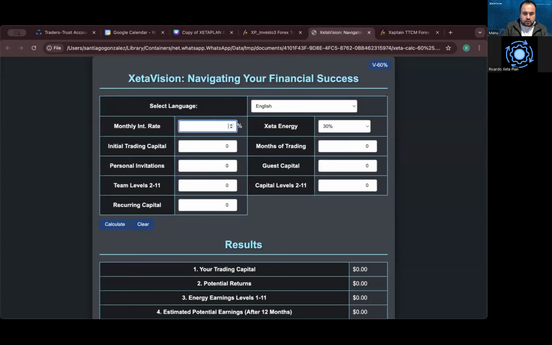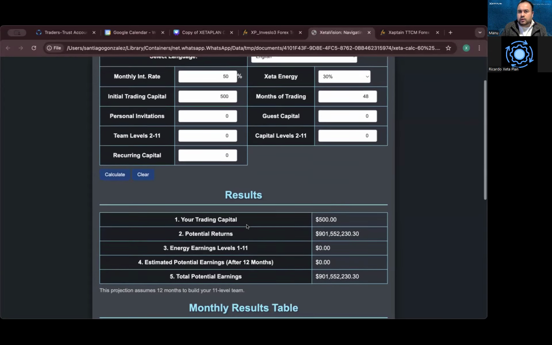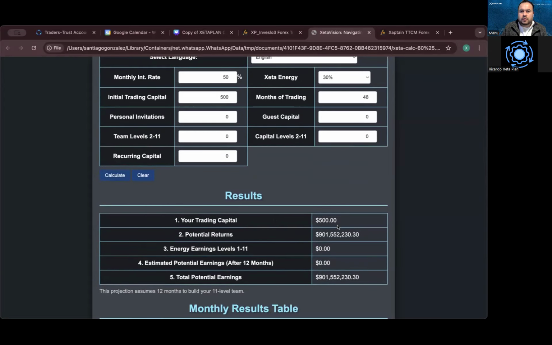Imagine if this kept up with an initial trading balance of 500, because that is what the average of you guys are putting into these accounts. What happens if we leave this for 4 years, 48 months? It's just ridiculous what would happen, from 500 going to over 900,000.